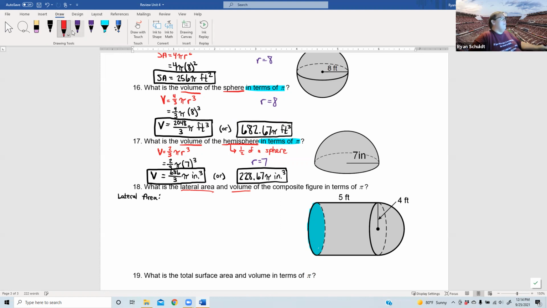Okay, for a cylinder, lateral area is 2 pi r times h. Well, my radius, regardless of what shape, is 4. The height of the cylinder is 5.